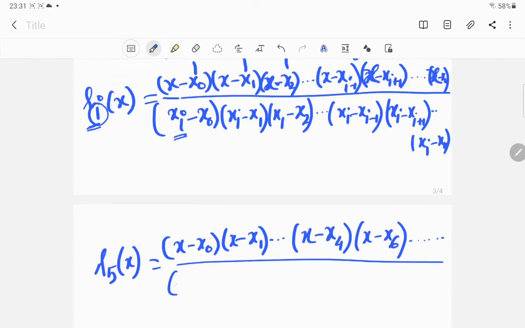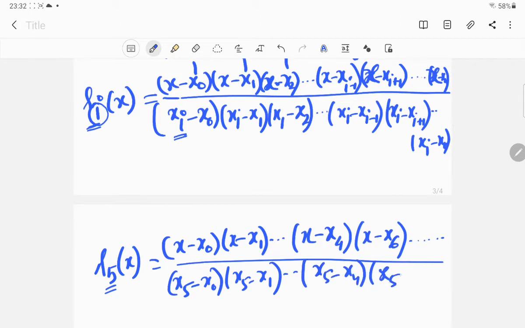Similarly, here also it will be x5 because it is ith order. What is i here? 5. So x5 minus x naught, x5 minus x1, then x5 minus x4, x5 minus x6, and it will go on. So here we skipped one step.